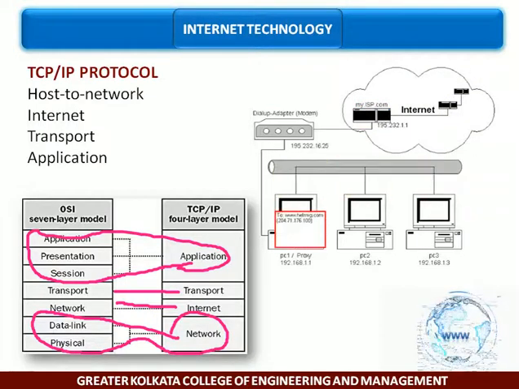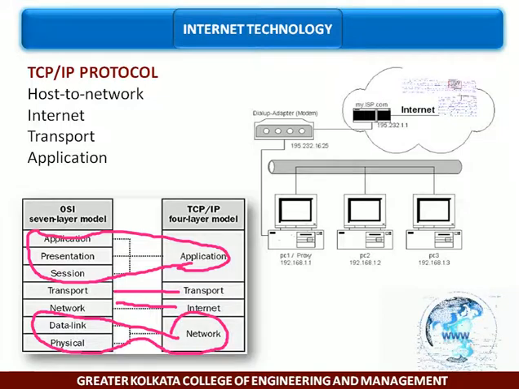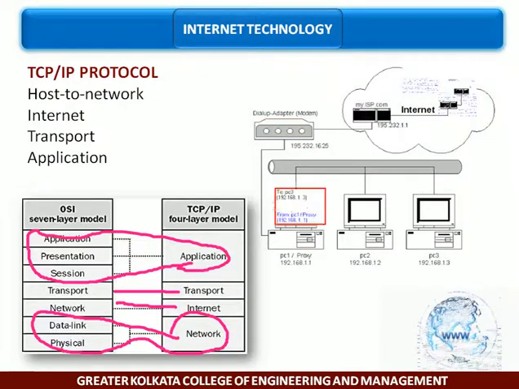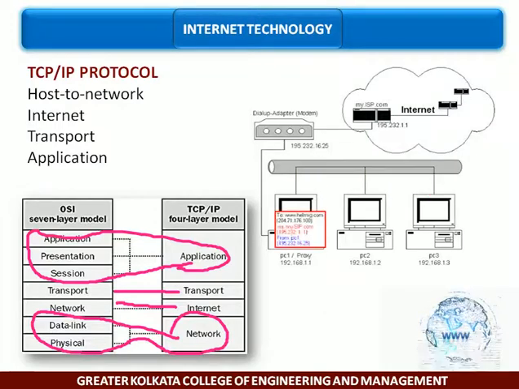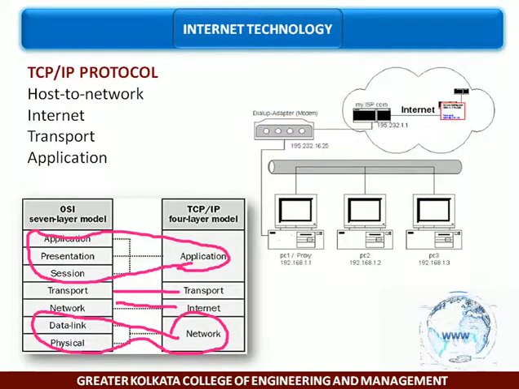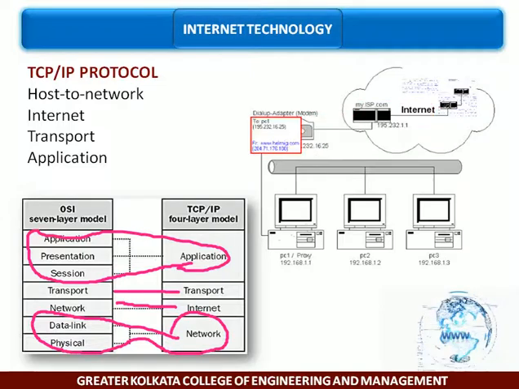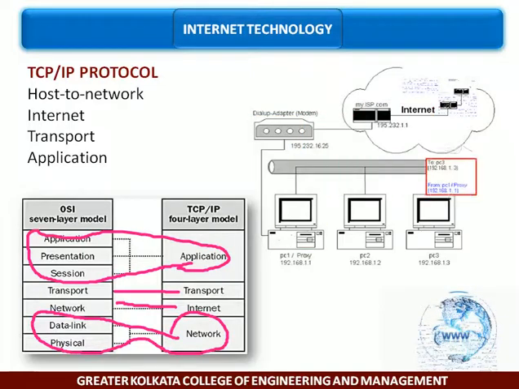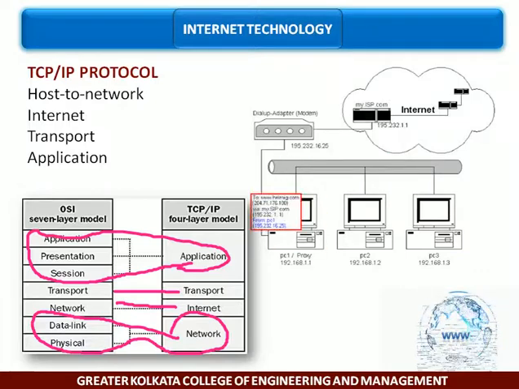We assume that the TCP/IP protocol suite is made of 5 layers: physical, data link, network, transport, and application. The first 4 layers provide physical standards, network interfaces, internetworking, and transport functions that correspond to the first 4 layers of the OSI model.